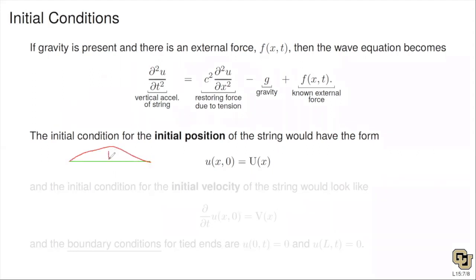Let me wait a couple of seconds, and that'll be my start position, and then I'm going to let it go. And so u(x, 0) would be this shape. If you graph that with x on the x-axis and u on the y-axis, that'd give you the shape of the string from 0 to L. It's the initial displacement, depending on what you're doing with it.